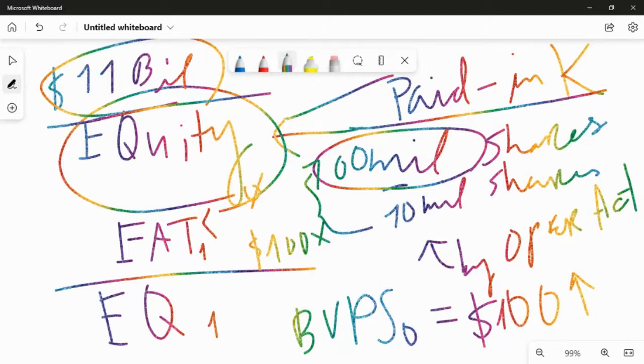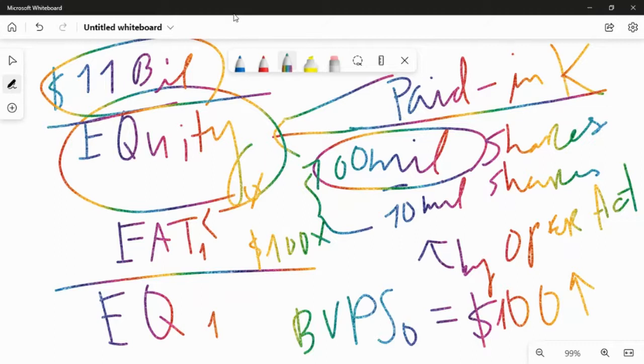Another 10 million sold at $100, that's 1 billion. So the price of the stock will still remain $100. Of course, if the demand goes up, it will sell at an even higher price.